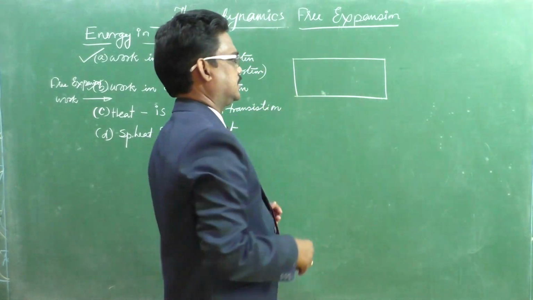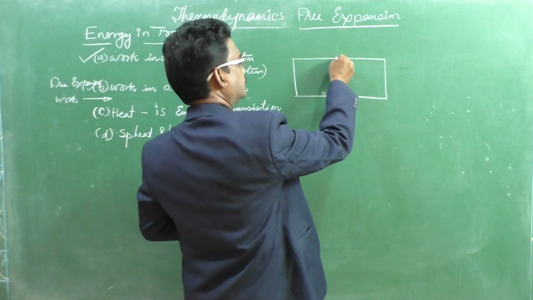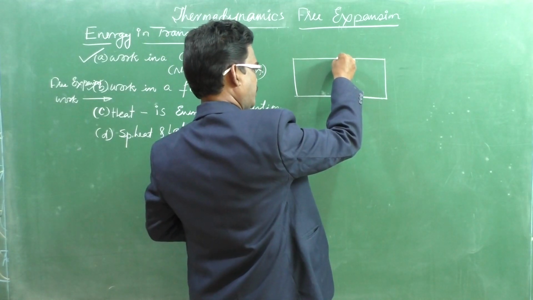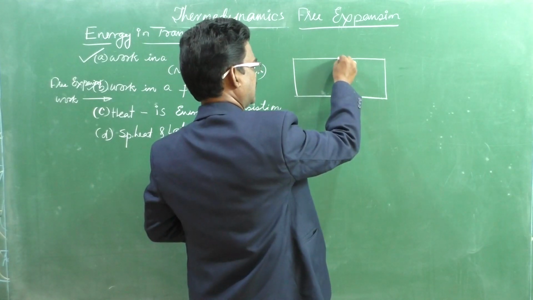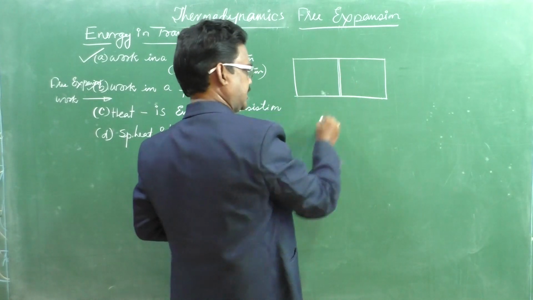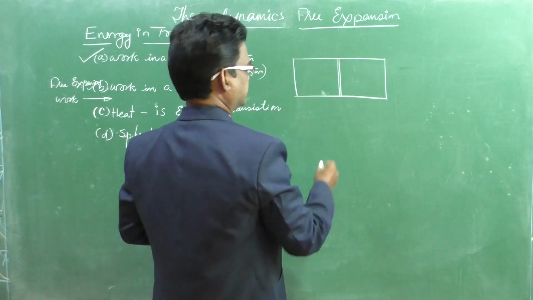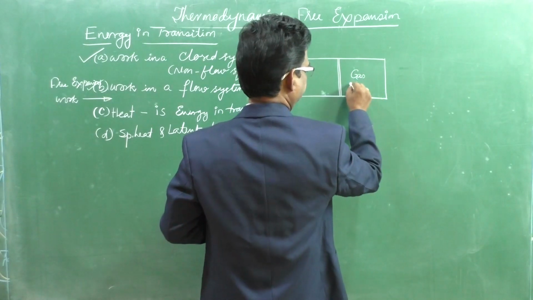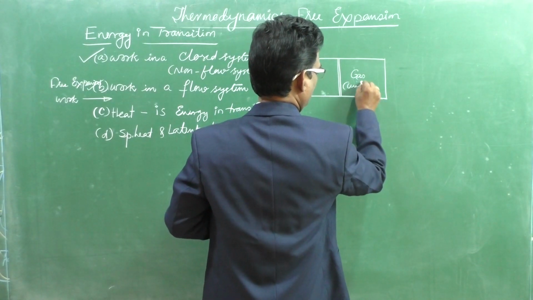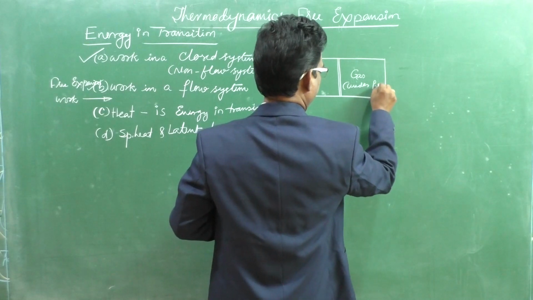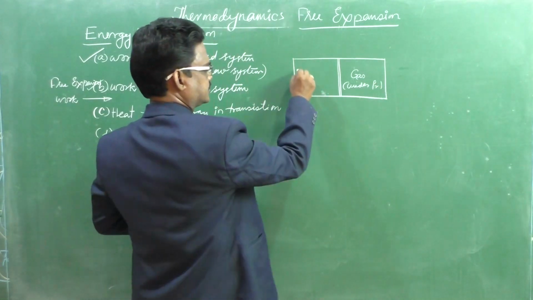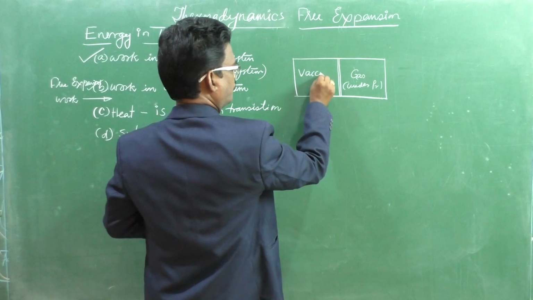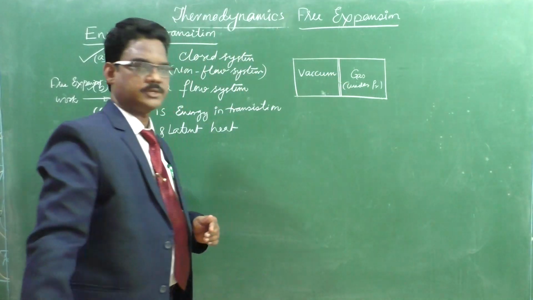This chamber is divided into 2 partitions, and this is the partition. This side has gas under pressure, and this is vacuum.